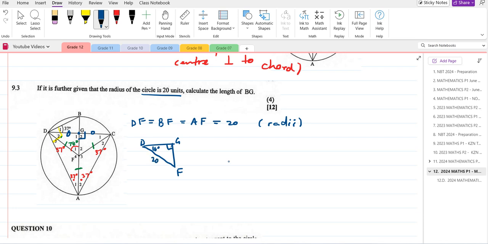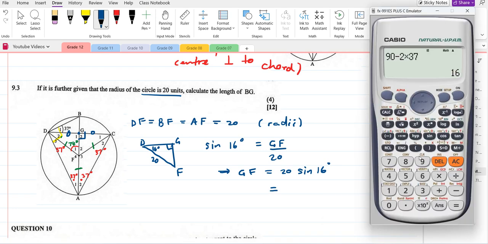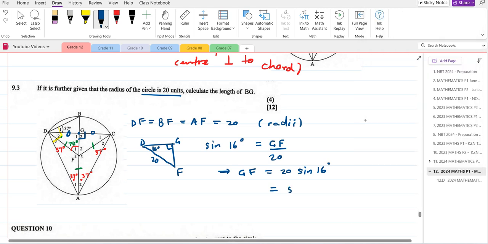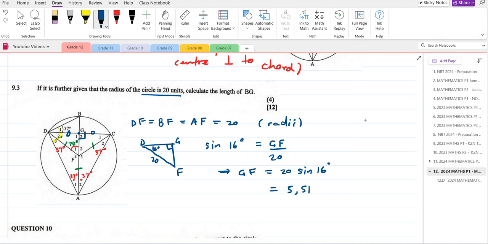So we can find GF using trigonometry, which is opposite over hypotenuse. So sine 16 is equal to GF over 20. Right, so this implies GF is equal to 20 sine 16. What is 20 sine 16? Let's work it out. I'm getting an answer of 5.51 units.